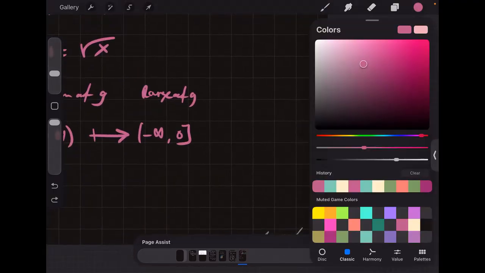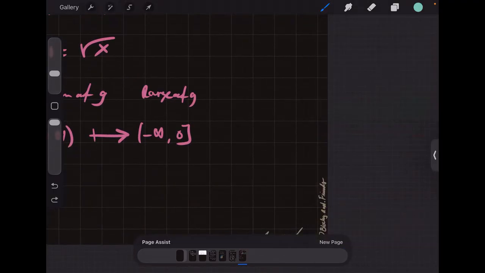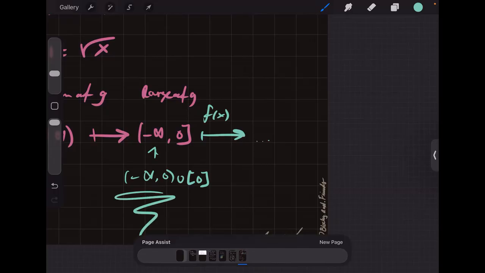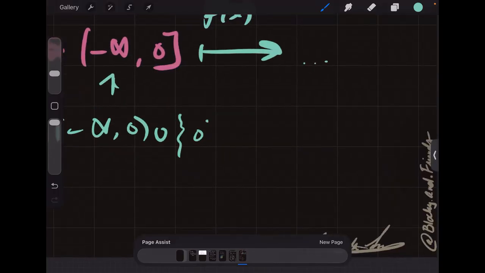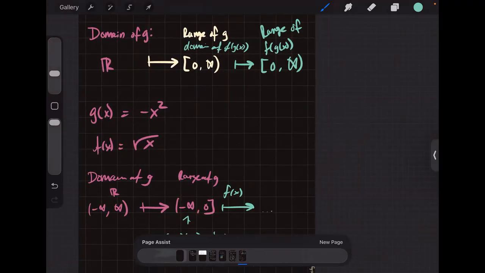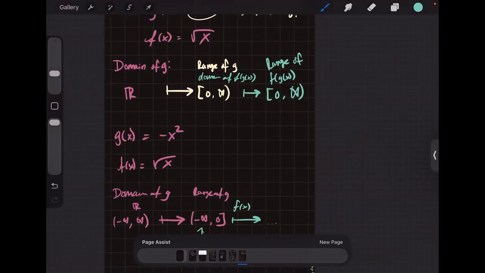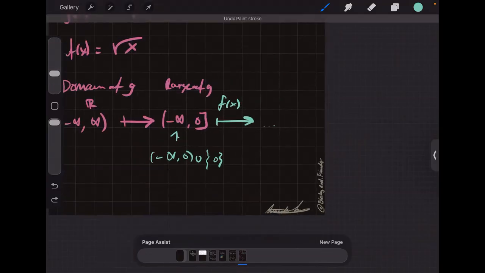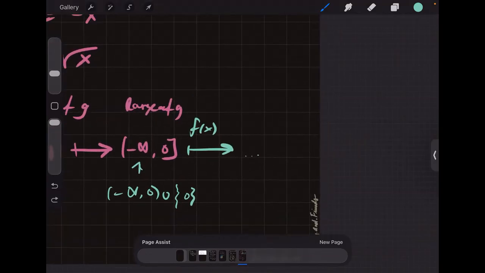And then you're going to run it through f of x, except you can't run negative infinity to 0, exclusive of 0, right? You can't exactly do that because that is out of the domain of f. So the image of this composition, or the range is another way to say it, is just 0.